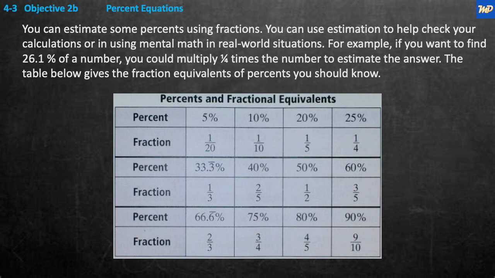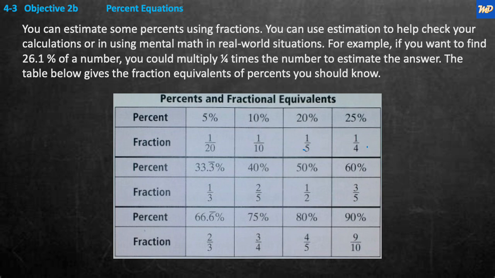You know that a nickel goes into a dollar 20 times, right? 5% is 1/20th. 10%, a dime is 1/10, right? 10% is 1/10. A dime is a tenth of a dollar. 20%. 20% is 1/5. There are 5 20s in 100. So 20% is 1/5. 25%, there's 4 quarters in a dollar.